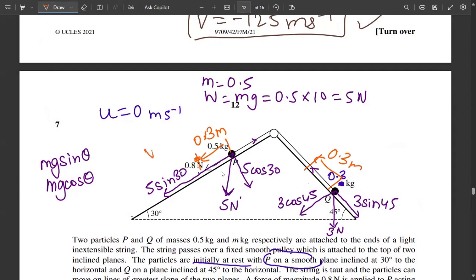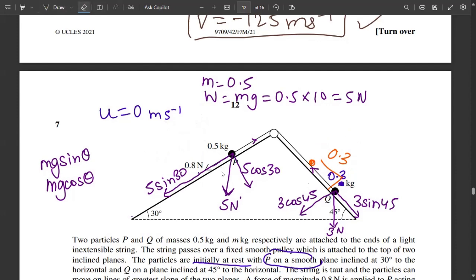And if the velocity after 0.3 meter is 10 meter per second, then even this velocity will be 10 meter per second. If the acceleration here is 20 meter per second square, then the acceleration here will also be 20 meter per second square. Do you understand? So both will have the same movement: velocity, acceleration, and the distance traveled. Both will be the same.